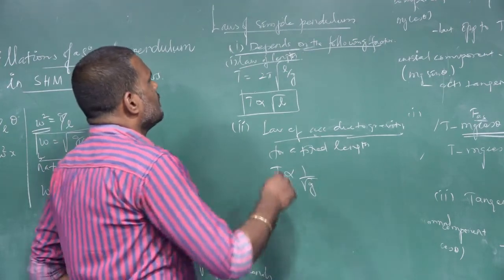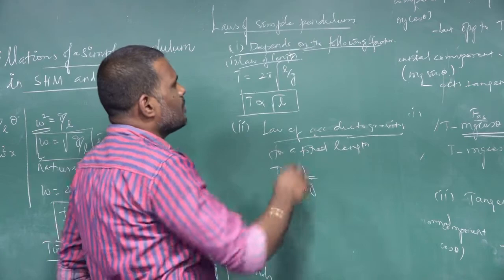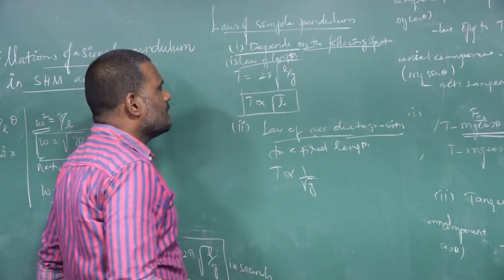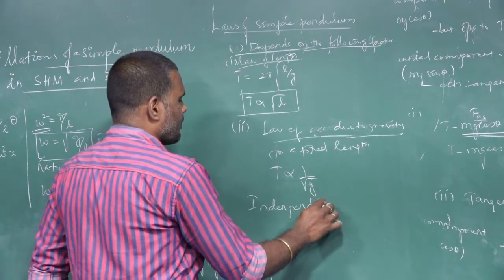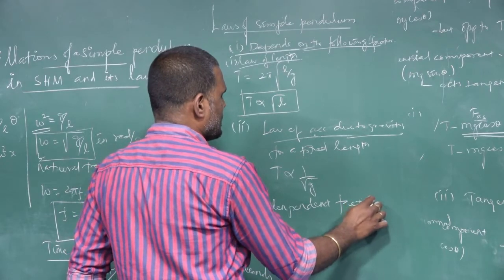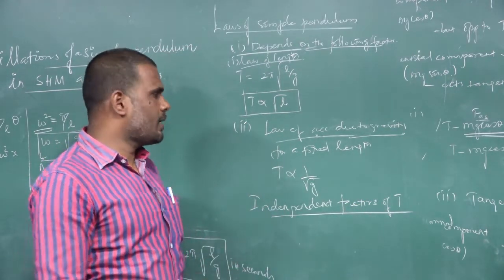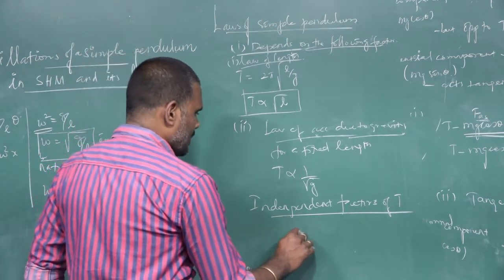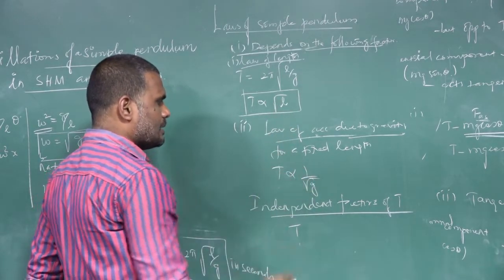And then, as we saw, the laws of simple pendulum depend upon the following factors. There are some other factors of which the period is independent. So, what are the factors on which the period of oscillation of a simple pendulum is independent? We can see here that the time period of oscillation depends only on the values of L and g.